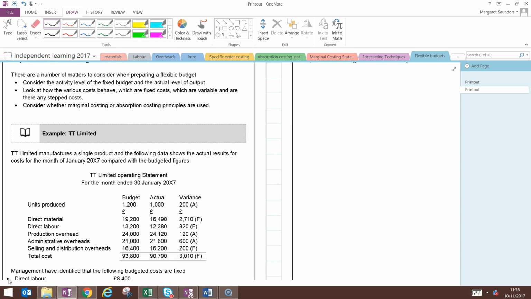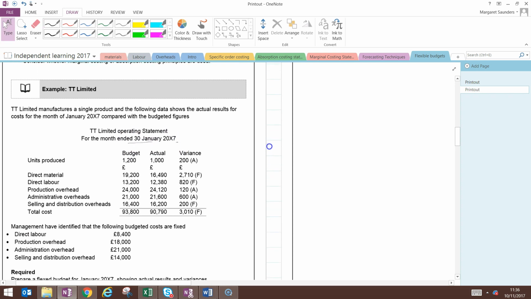So we have TT Limited operating statement for the month ended 30th of January. The units produced, actual were 1,000 units. The budget is for 1,200 units.